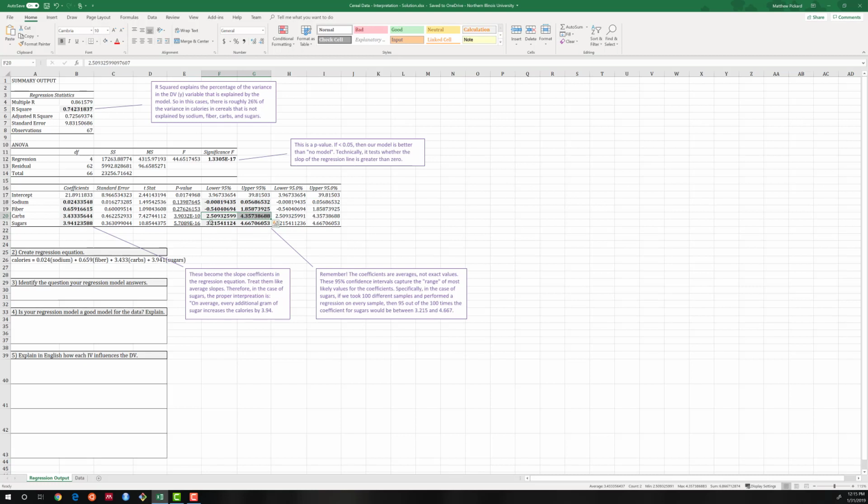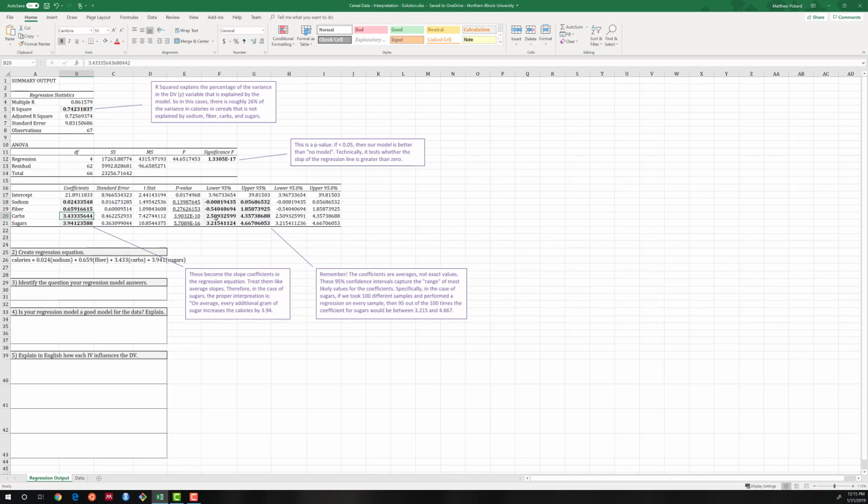These 95% confidence intervals give you a range, so it gives you a sense of certainty when you interpret that on average, if I add one more gram of carbs to the cereal, it'll increase my calories by 3.43. You have a range whether you're going to be in that ballpark or not.